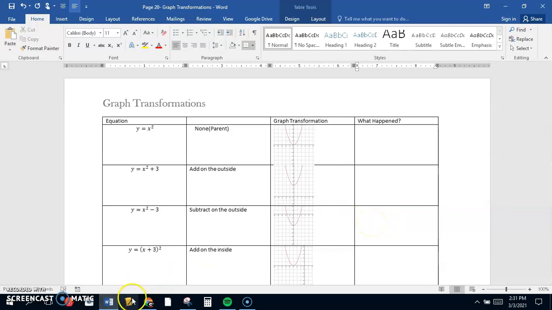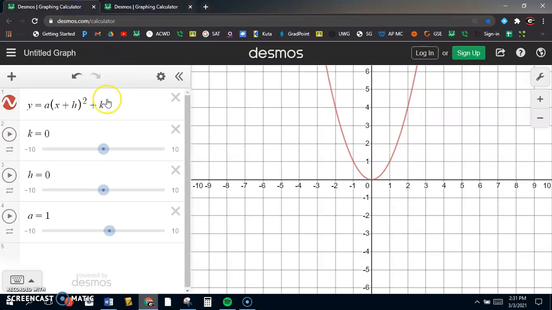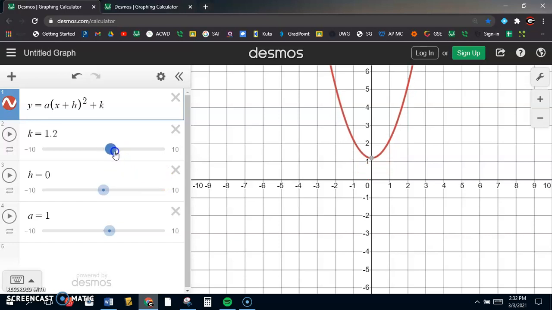Now let me show my slider here to illustrate that. So if I go to my other screen, notice this little setup here. The outside number is the k here. So what I'm going to do is change this k. Right now it's at 0, which is where the parent is. But as I move the slider such that k becomes a positive number, notice that the graph is going up.